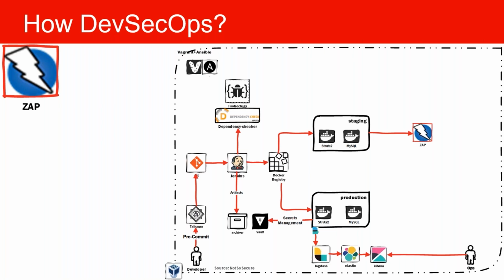And the APIs of ZAP can be executed through Jenkins. So as soon as the application goes live into the staging environment, we can start execution of OWASP ZAP or any of our DAST tools, giving us this additional security.